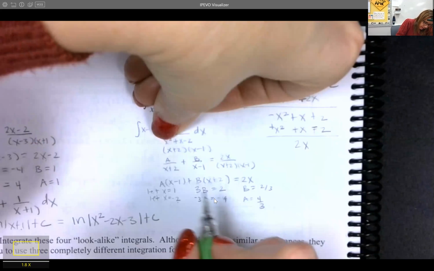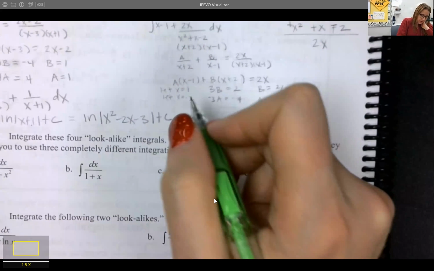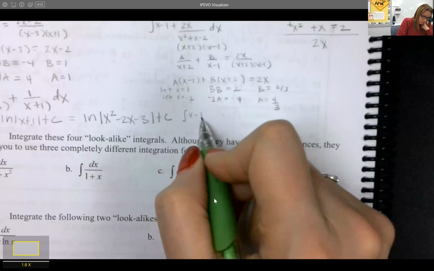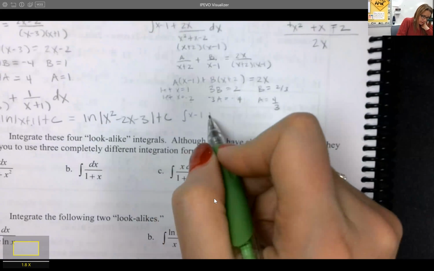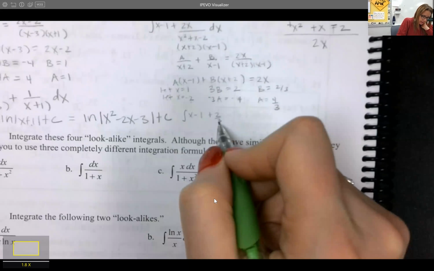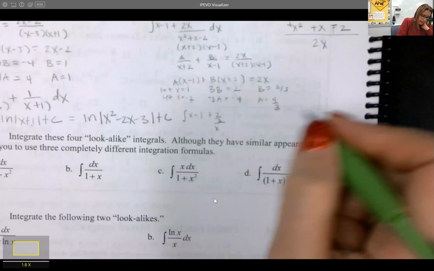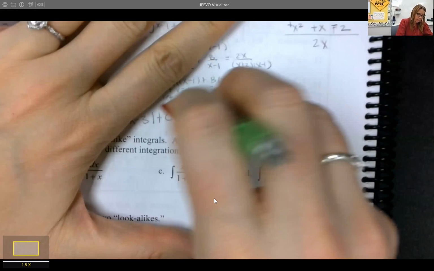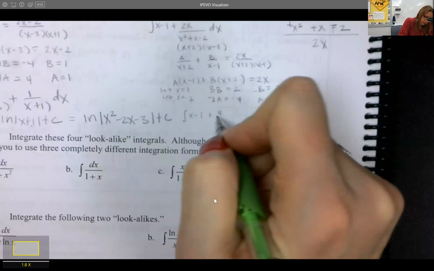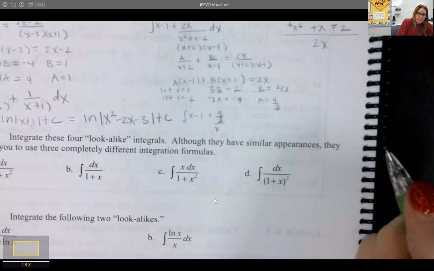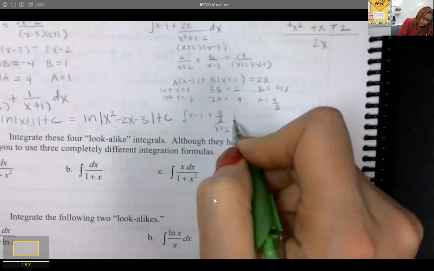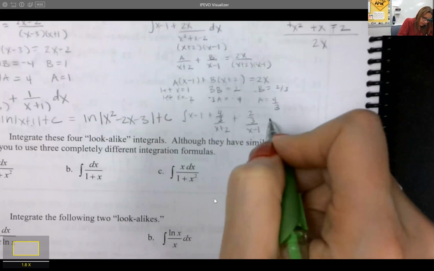So if I write this all together, let's scoot this up a little bit. Okay. If I write this all together, I've got the integral of x minus 1 plus, now remember, a is 4/3, so I'm actually going to write 4/3 first. The order doesn't matter, but I want to follow the same thing. So 4/3 times 1 over x plus 2 plus 2/3 times 1 over x minus 1 dx.